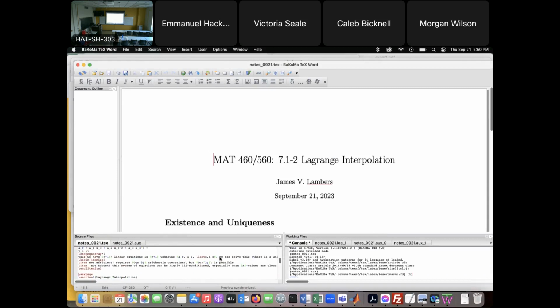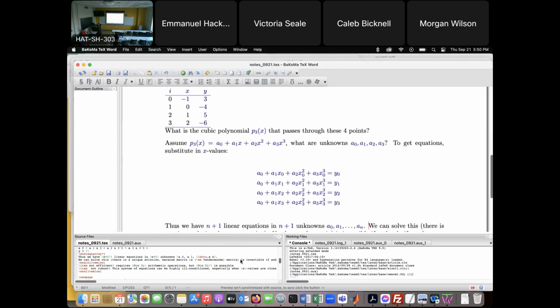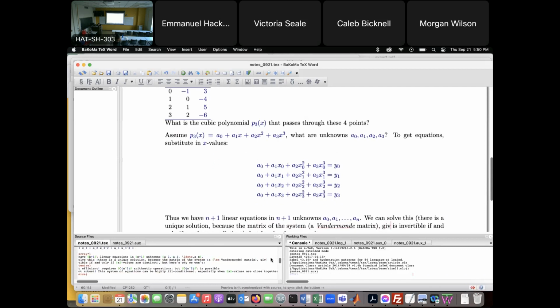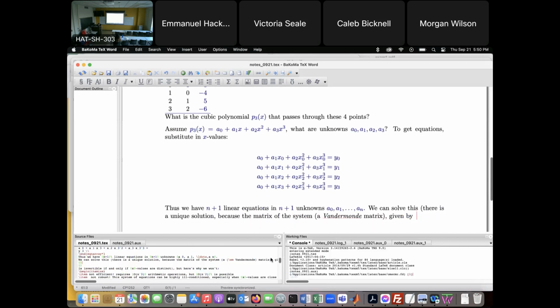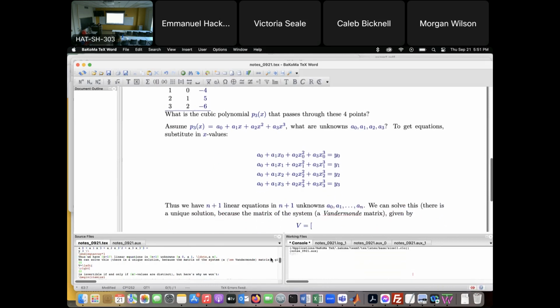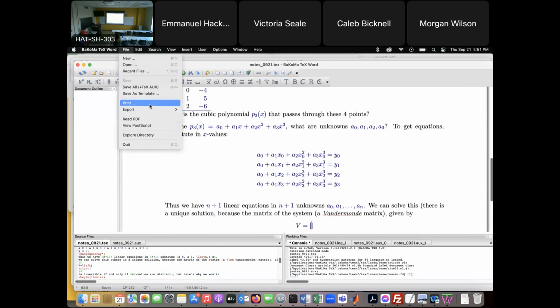I hope I won't have to give up on this, because I really do want to show you the matrix. I'll see if it will let me save the file as I go. Oh, nope, it won't.